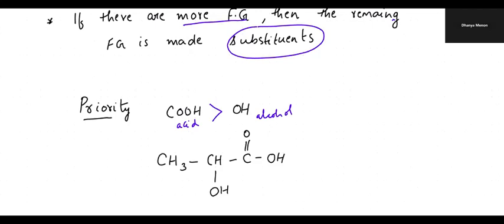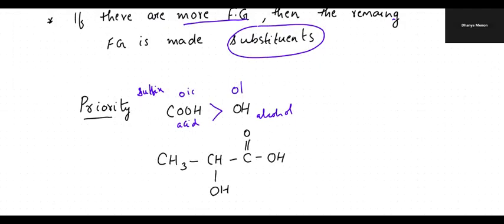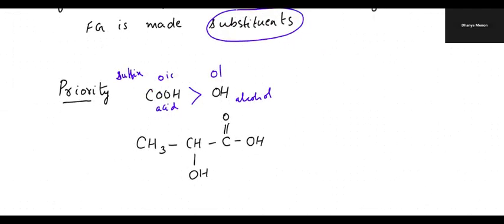And we learned that the suffix that we use for acid is oic acid, and the suffix that we use for alcohol is ol. So if we take an example over here, there is an acid and there is an alcohol.